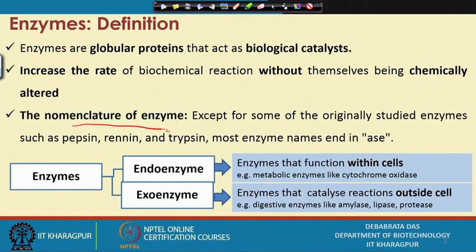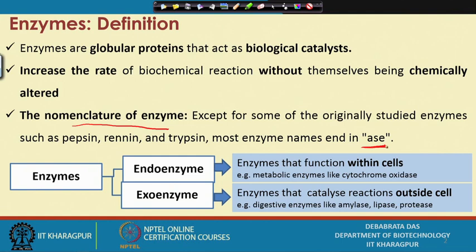Another very important thing is the nomenclature of the enzyme. Nomenclature means how we name the enzymes. Most enzyme names end in 'ase', for example lipase, amylase, protease.